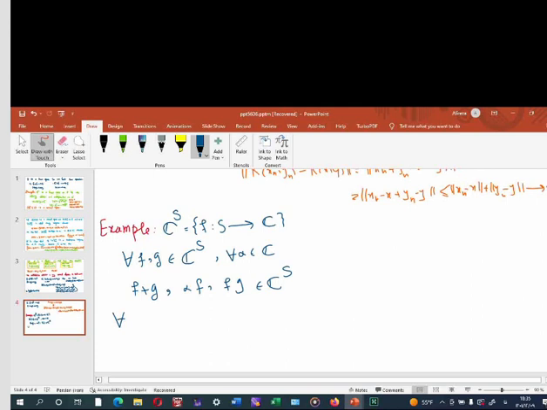For any x in S, (f plus g) of x equals f of x plus g of x, because we know that if we consider f and g in this space, then f and g are functions from S to C, so f of x and g of x are complex numbers, and we can compute the addition of f of x and g of x.